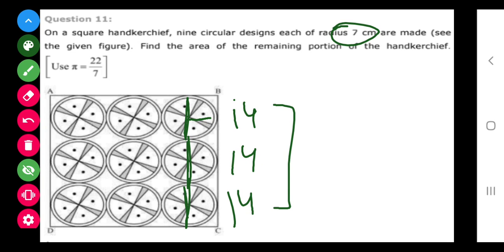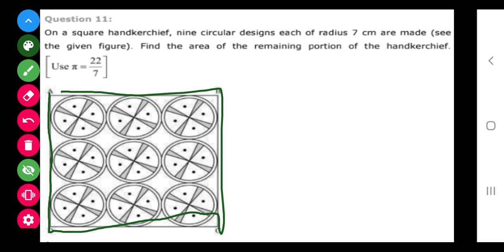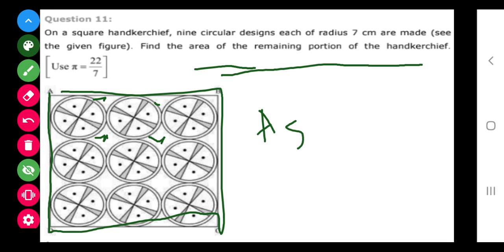So overall it is 42. Same here, it will be 42. So this area we can determine, and what we have to get? The remaining area of the portion of the handkerchief, meaning this left area we have to determine. So what we will do? Area of square minus 9 into area of a single circle.